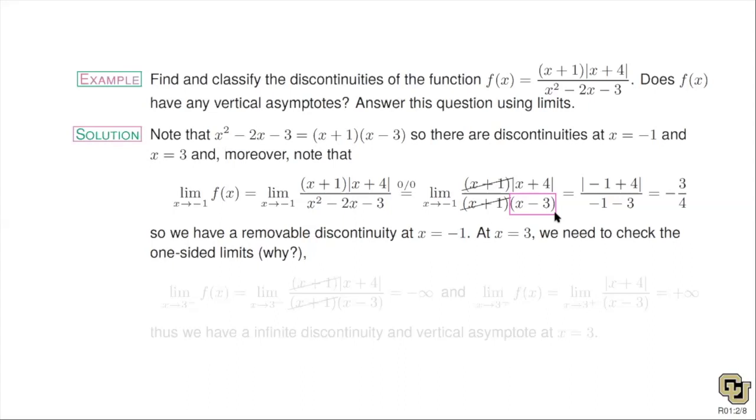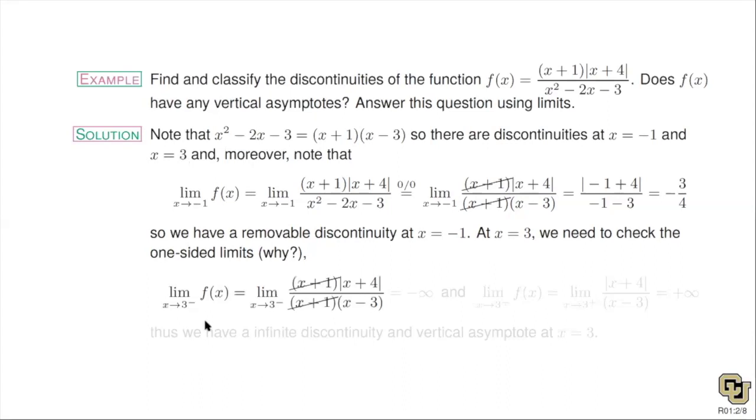And if you approach 3 from the right, like plug in 3.1, x minus 3 will be positive. So because x minus 3 is going to change its sign around 3, I really want to be careful here and check the limit from the left and the right, especially because it's making the denominator go to 0. That is also a factor here.